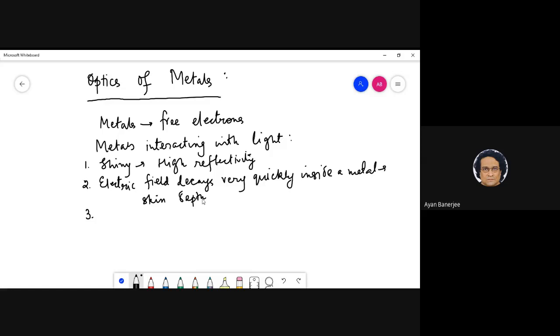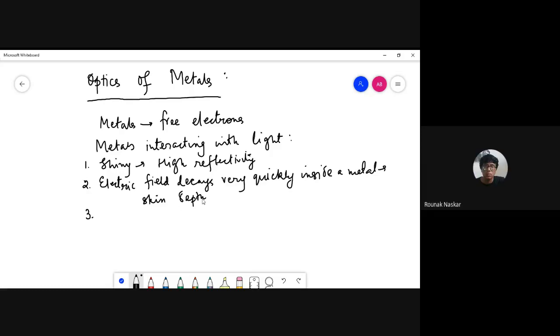But the quick decay, the small spatial dimension in which the electric field decays inside a metal, that will directly lead to something. Now that you know Maxwell's equations. Yes, in alternating current wires, we use stranded wires instead of one huge copper block. So what is the why?